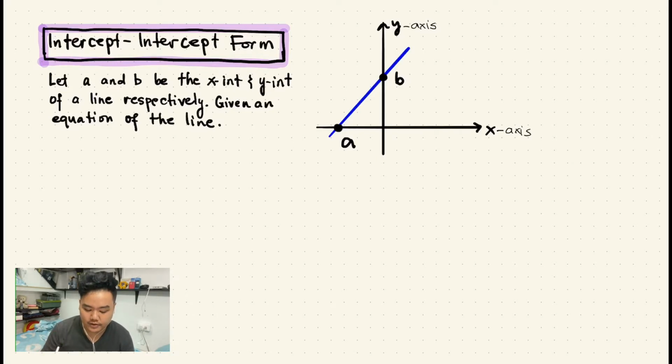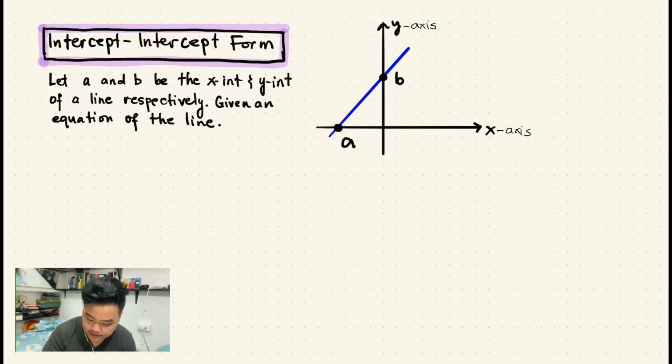So, ang tanong ngayon, give an equation of the line. Kailangan lang natin 2 points, tas makukuha natin yung slope, and then we can use point-slope. Or pwede rin tayong gumamit ng slope-intercept pag alam na natin yung slope kasi meron tayong y-intercept.